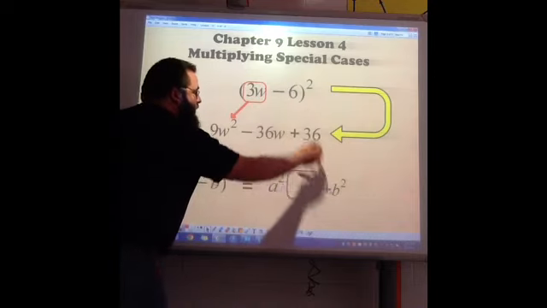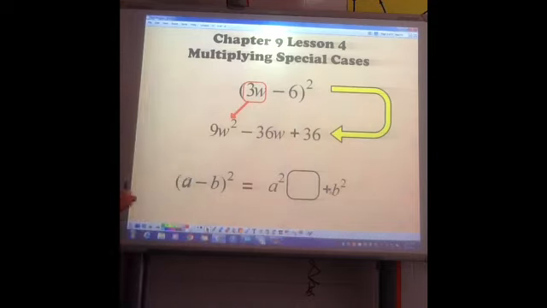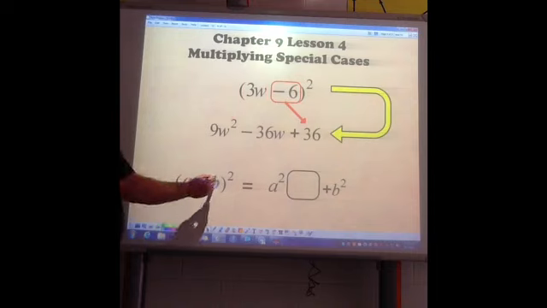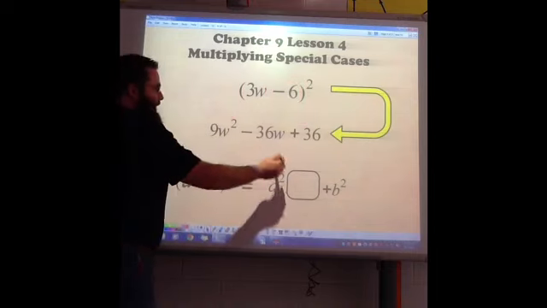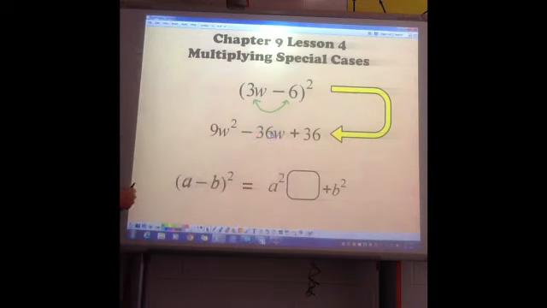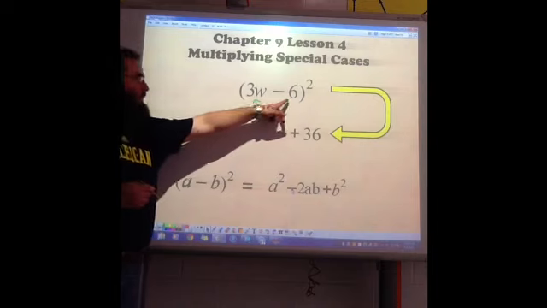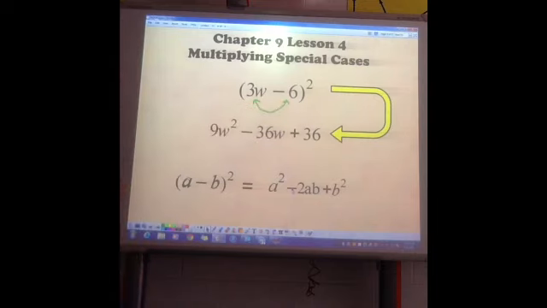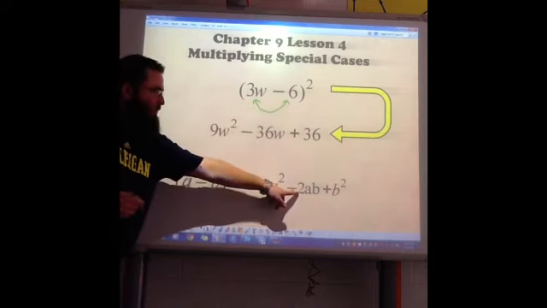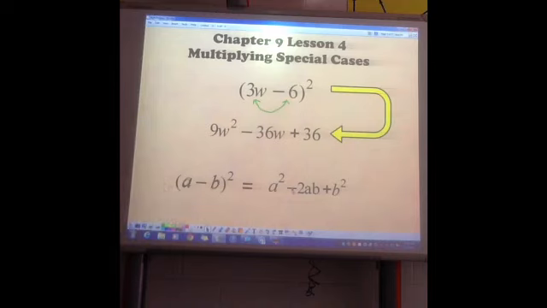Then for b squared, negative 6 times negative 6 gives you 36. And then the last part is a times b. 3w times 6 gives you negative 18w. And then you have to double that, which gives you your negative 36w.